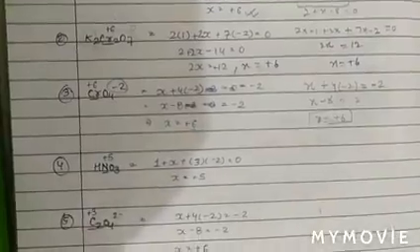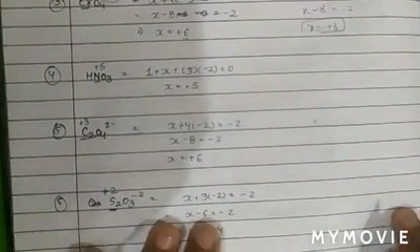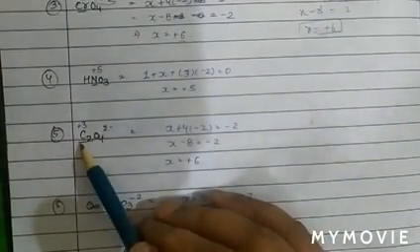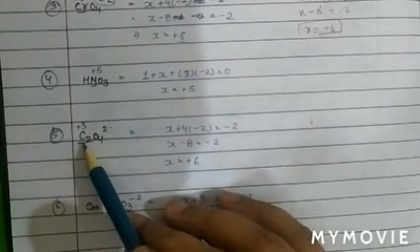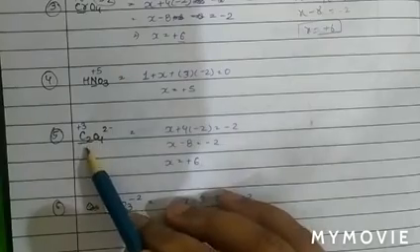See the next question. The example given there is the oxalate ion. In the oxalate ion, we have to find the oxidation number of carbon.